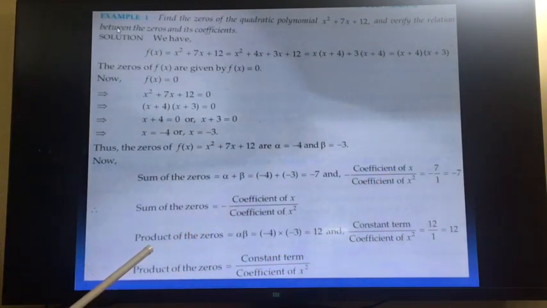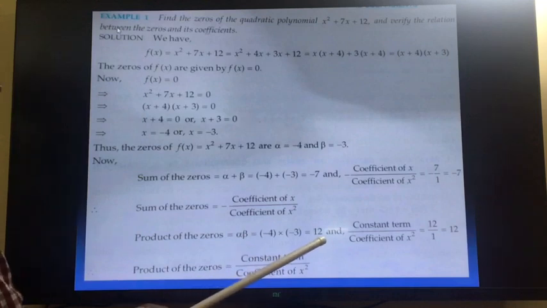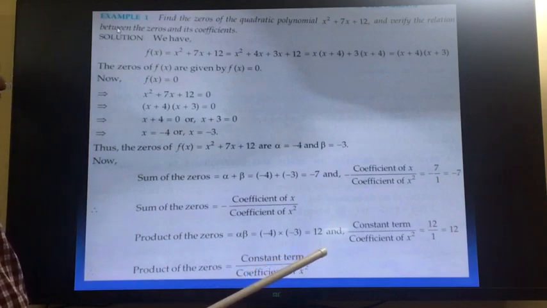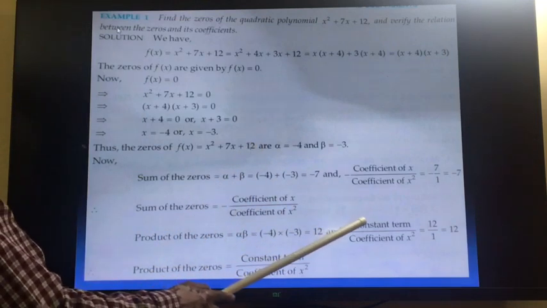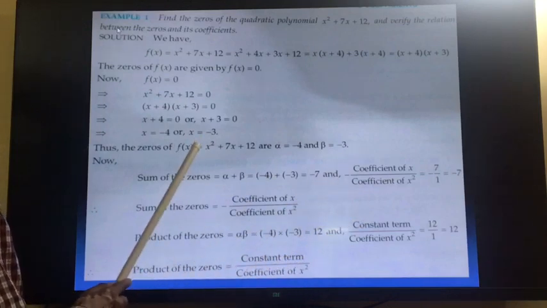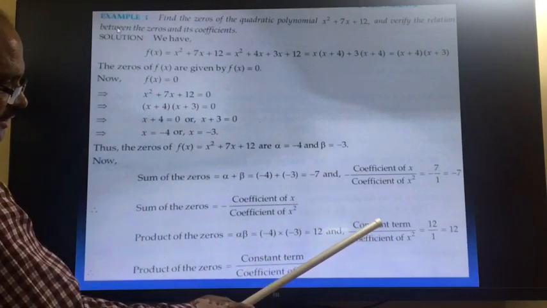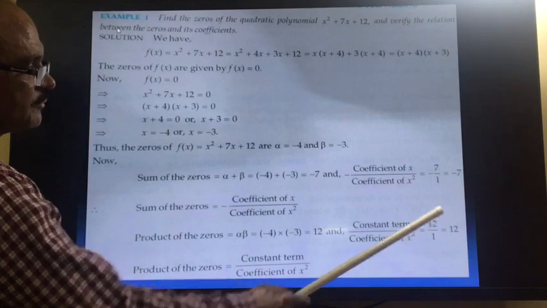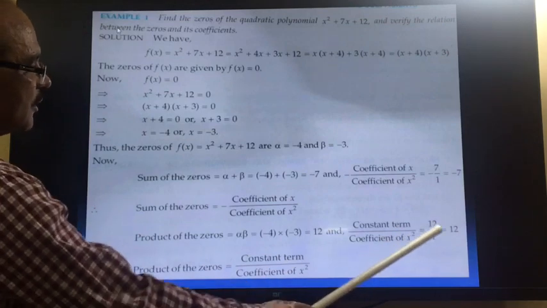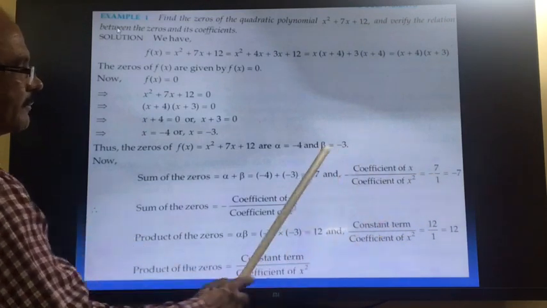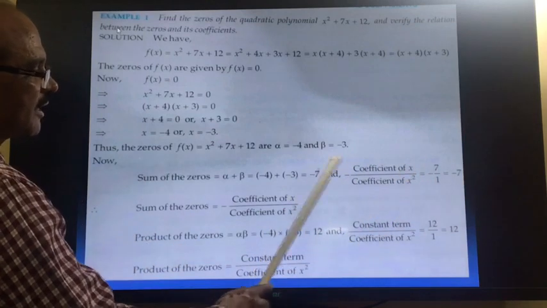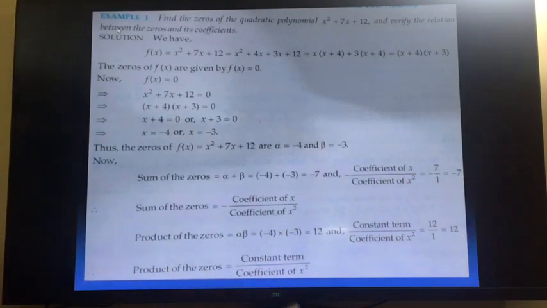Now similarly for the product we got 12, we can write 12 upon 1. 12 is the constant term, and 1 is the coefficient of x square, so we can write constant term upon coefficient of x square, right? So this value and this value are the same, and this value and this value are the same. If they are the same, then we will say it is verified, right?